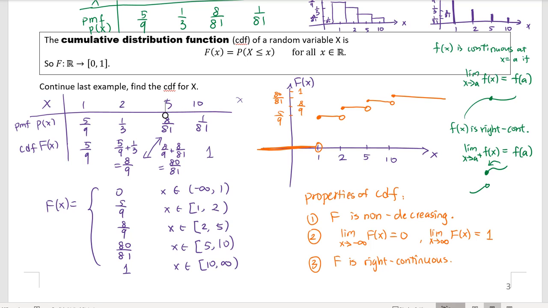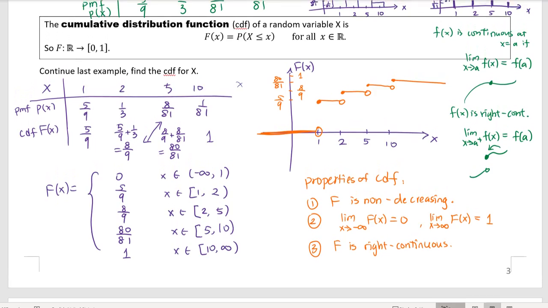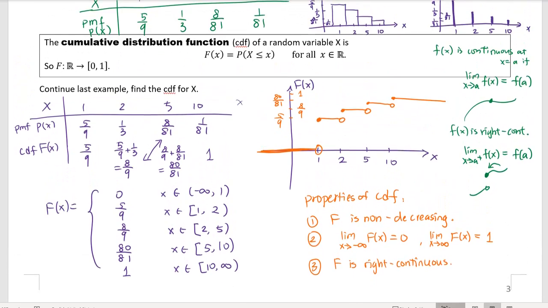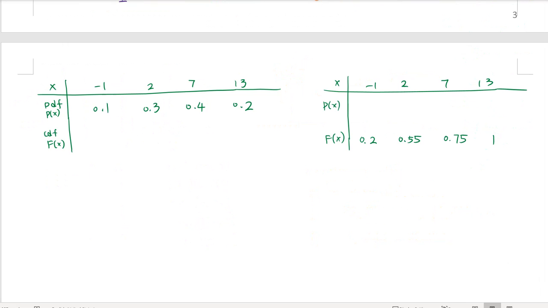So in general, if I give you a PMF, you can find the CDF. If I give you a CDF, then you can find a PMF. If you want more examples, we can do more here.